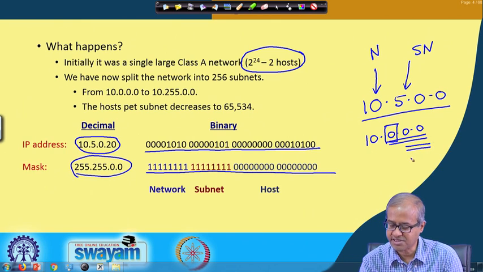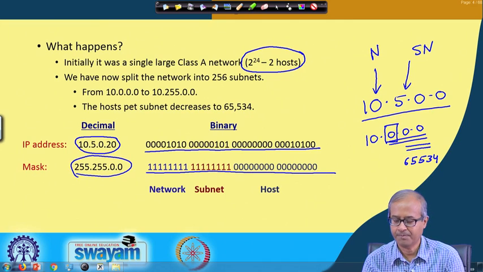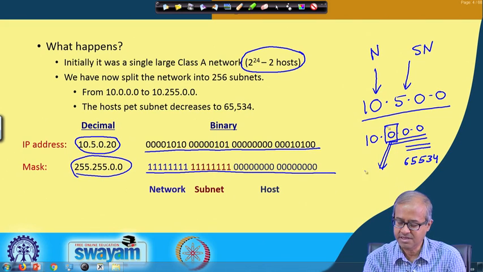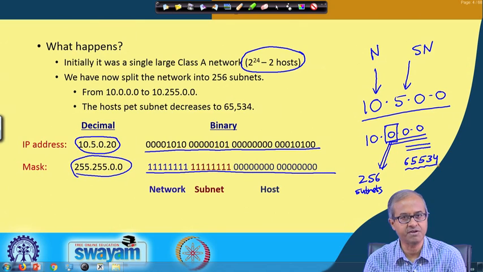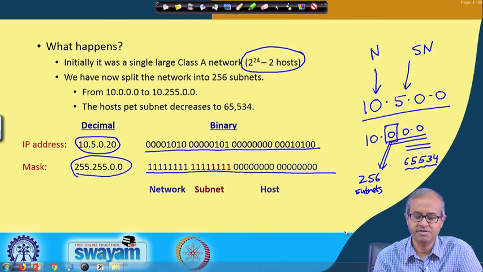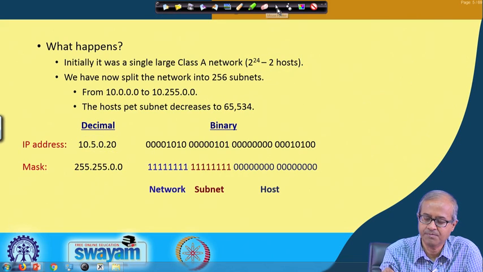In the last 16 bits, how many hosts can there be? 65534, that is 2 to the power 16 minus 2. And because the second byte can have 256 combinations, you can have up to 256 subnets, and each of the subnets will have up to 65534 hosts. This is how subnetworking works.